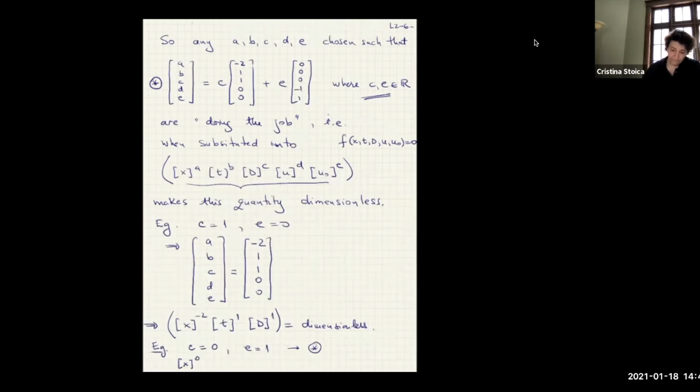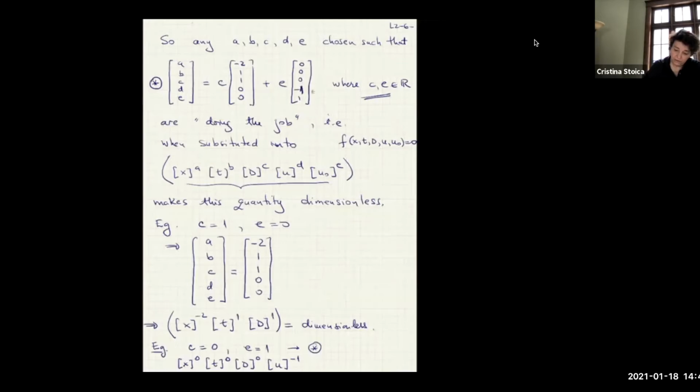Then t would be at B, which in this case is again 0. And then D at power C, which is 0. And then u at power D, which is minus 1, because E is 1 and it's multiplied by minus 1 here.